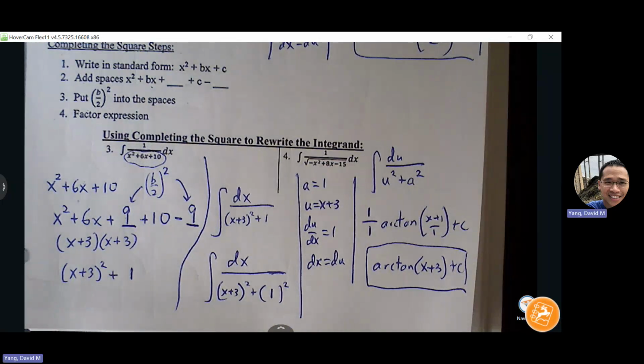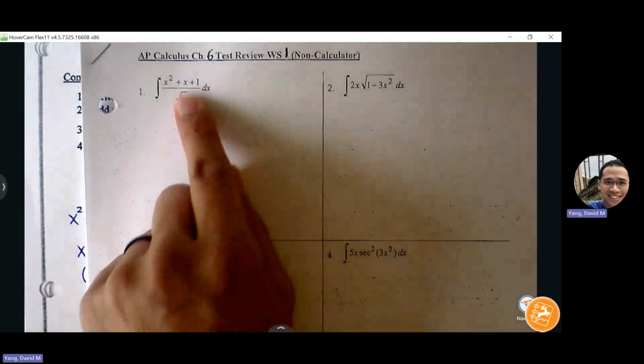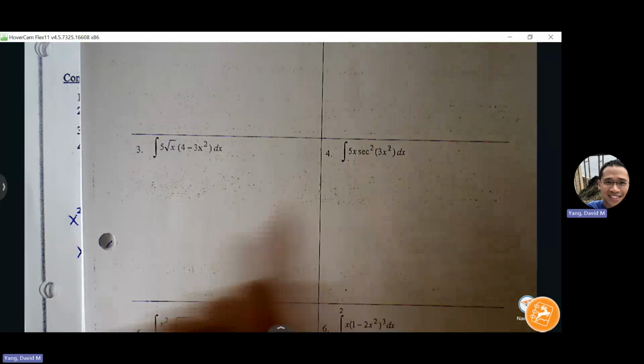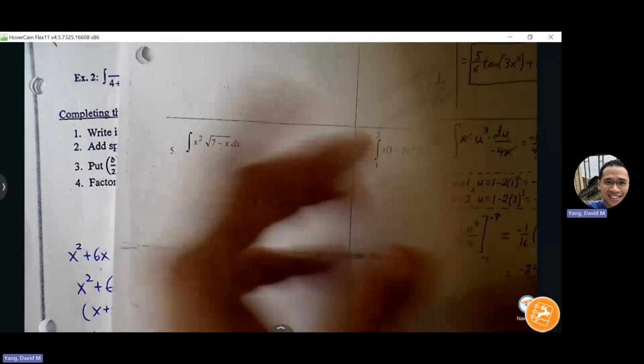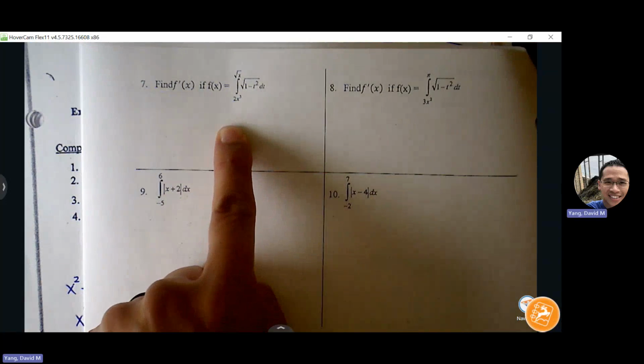Okay, guys, you picked up the test review. I just want to quickly go over what to expect for this non-calculator portion. So problems that are just power rule, problems that we have used substitution for, change a variable, evaluating bounds, second derivative, second theorem of calculus.